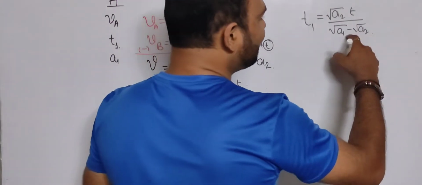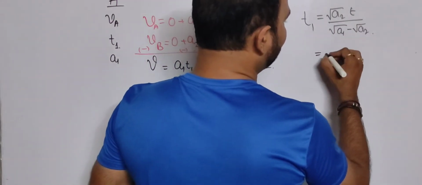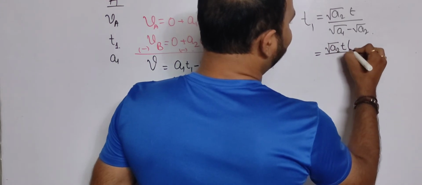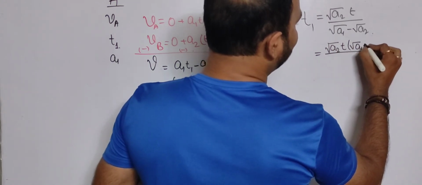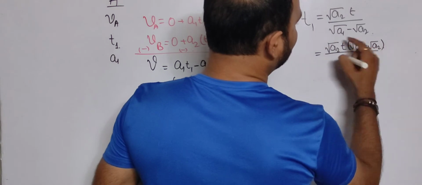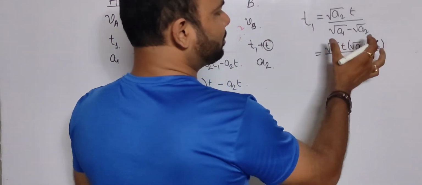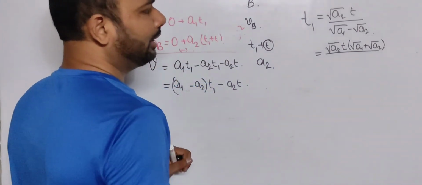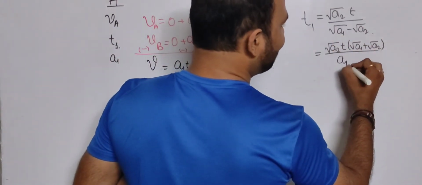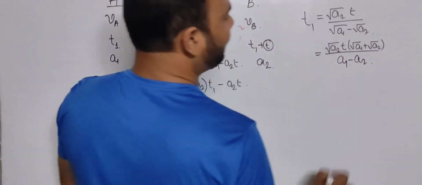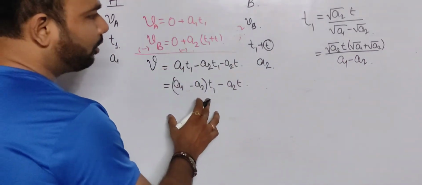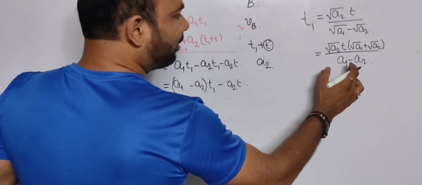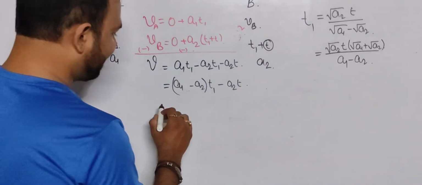If we rationalize this, root over a2 t, root over a1 plus root over a2, we'll get a square minus b square, that is a1 minus a2. Now if we put the expression of t1, a1 minus a2 will cancel out.